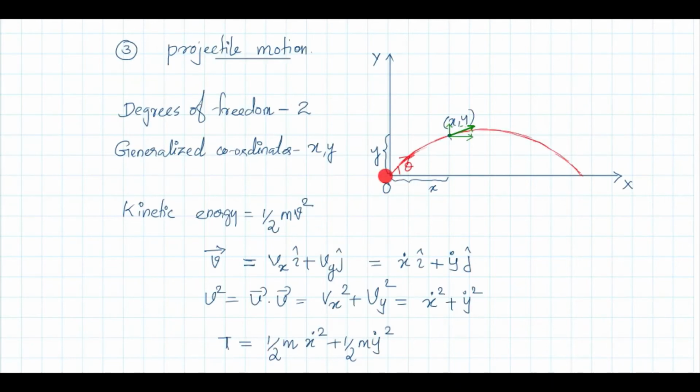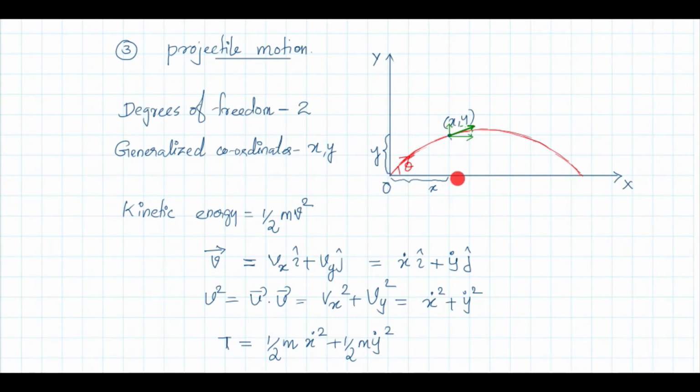Now, we will write potential energy. What is potential energy? Here, this is a case of gravitational potential energy, because as the particle moves, there is a variation of height with respect to some reference point. Suppose we take the reference point as the x-axis.